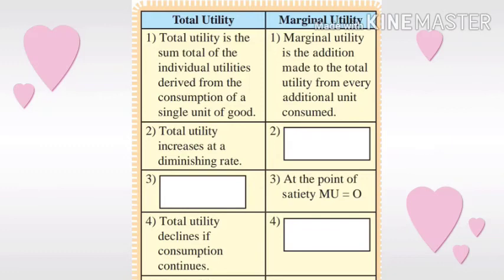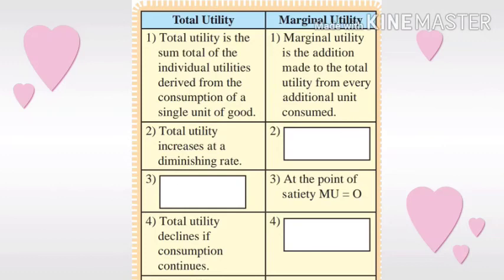Next, fourth point given in total utility is total utility declines if consumption continues. Whereas when total utility declines, marginal utility becomes negative.